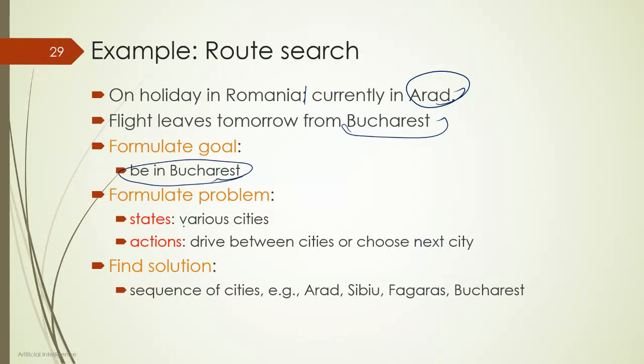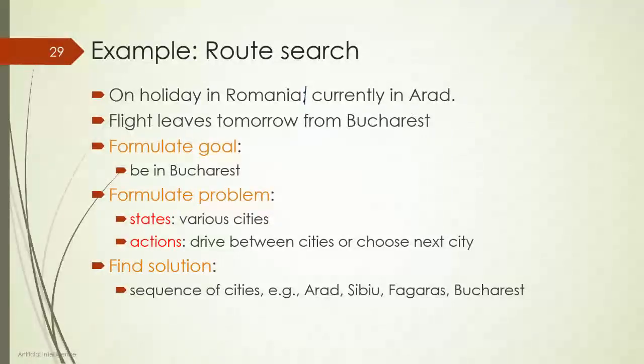Formulate the problem: states are various cities, actions are driving between cities or choosing the next city. So the solution is a sequence of cities, from this city to this city to this city, to get to Bucharest. So a sequence of cities to get us to the target.